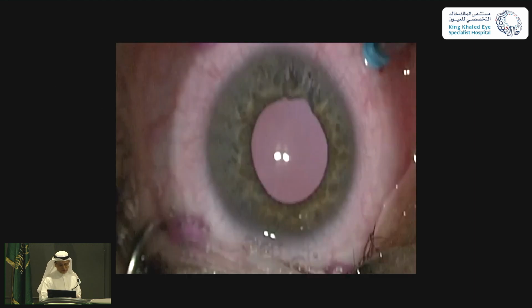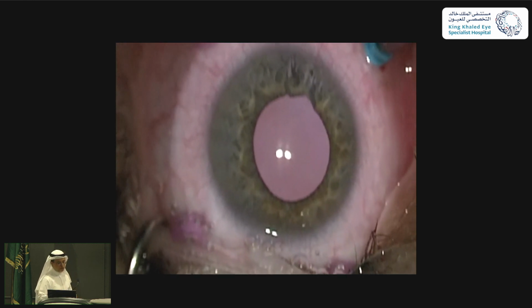And this is a video that shows a small gauge 27 vitrectomy, and they are now searching for the break or breaks.